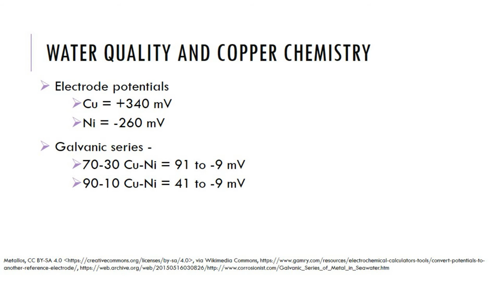It is also notable that the composition difference also gives us a difference in the potentials as well. Hence, if someone has used a 70-30 copper nickel alloy for the heat exchanger and has seen corrosion in a certain environment, it is not necessary that he will see the same amount of corrosion in 90-10 copper nickel alloy. He may see more or less corrosion depending on the composition of that particular alloy.